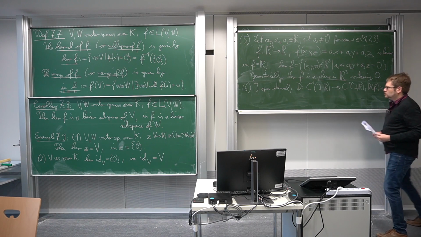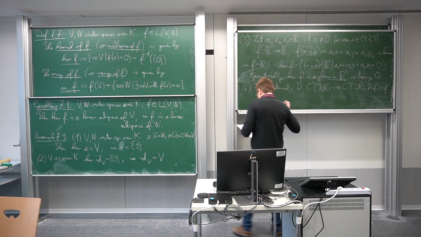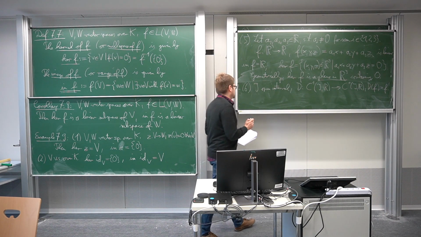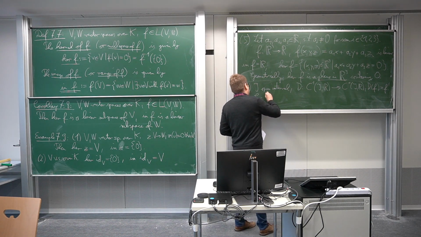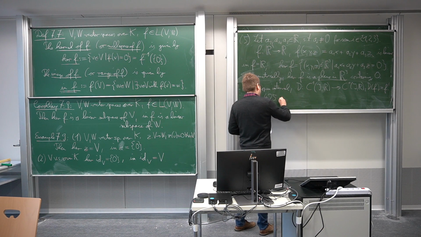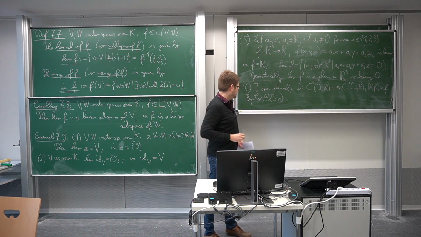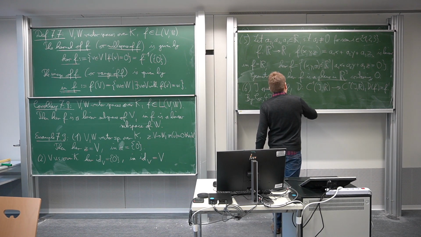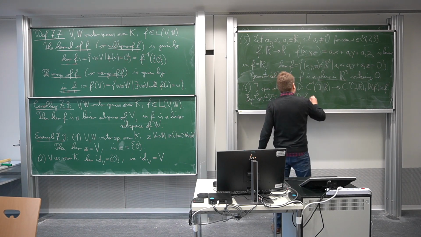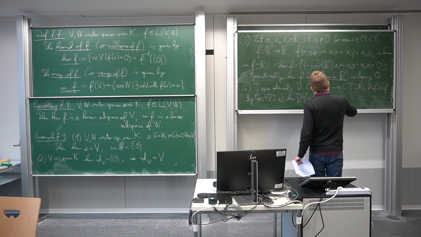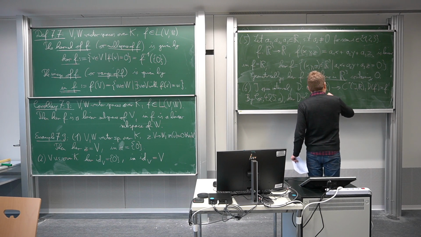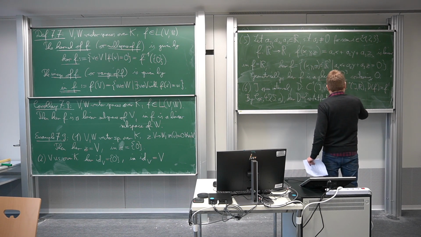We've seen that the functions which have this property are precisely the constant functions. This was corollary 425a in my lecture notes from previous semester. The kernel of D is the set of constant functions from I to R.